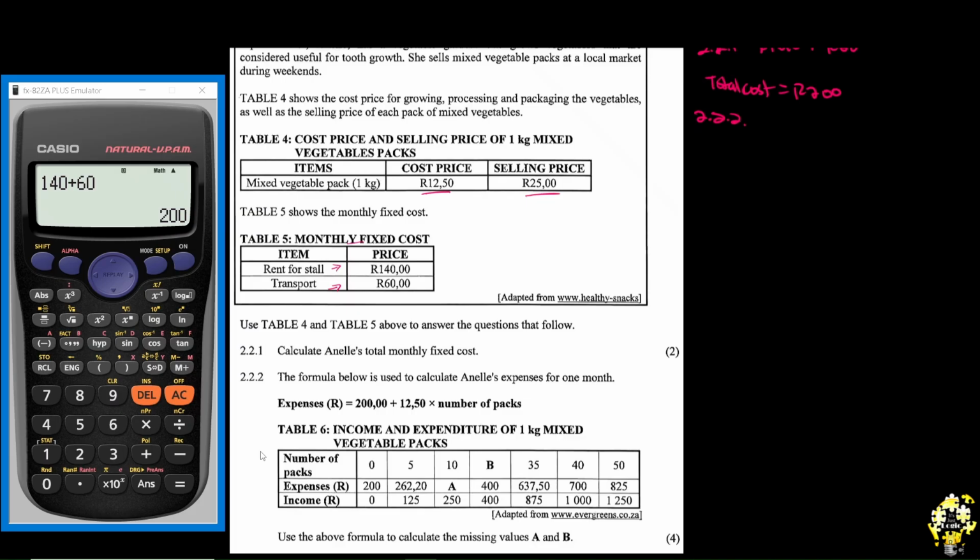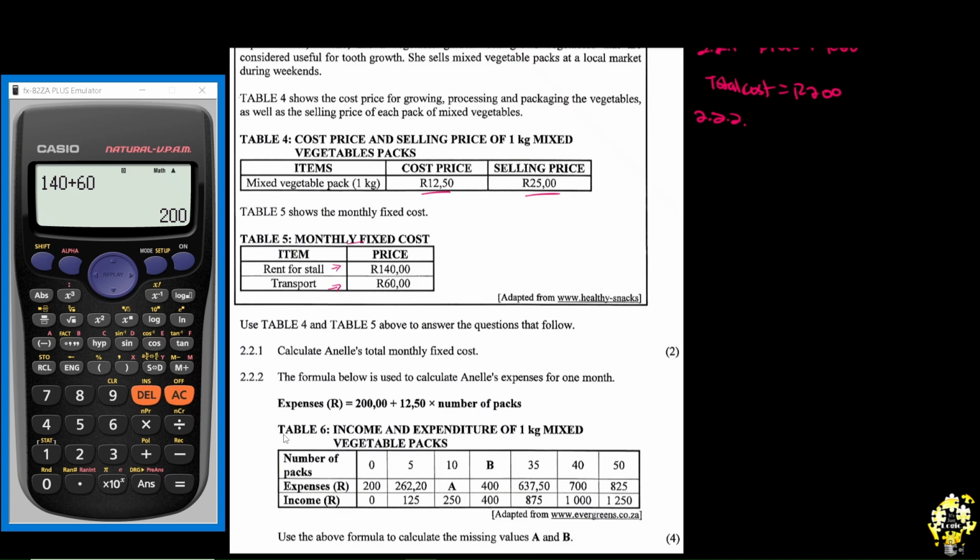I showed you how to derive the expense structure the same way as the income structure. So solving for A and B, you can already pause the video and do your worst. Catch my drift.